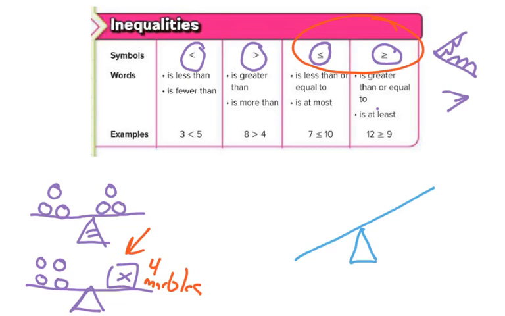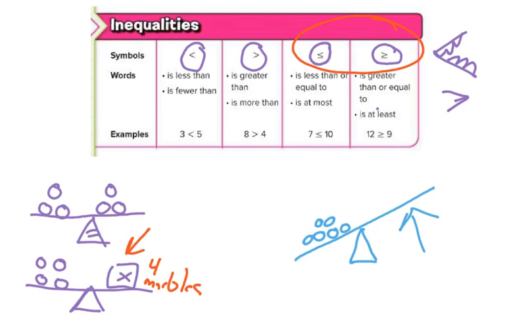If I put 6 marbles on this side, how many marbles could be on the other side in order for this balance to be true?